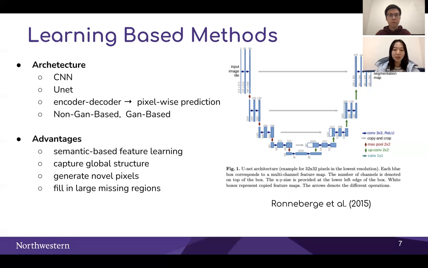Recently, generative adversarial networks have shown their power in generating images. Many approaches are based on GAN. We can divide the learning-based approaches into GAN-based and non-GAN-based. Compared with the classical approaches, the learning-based approaches can generate novel pixels because they can learn from a large dataset. They can also capture the global structure and fill in large missing regions because of the convolutional neural network.